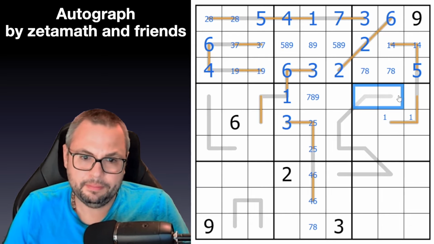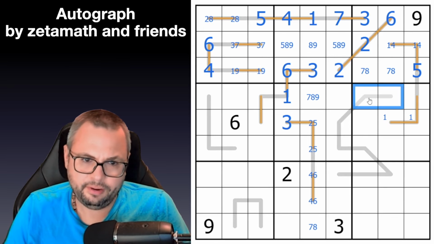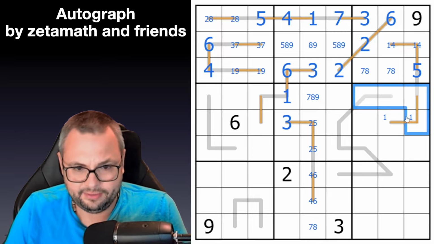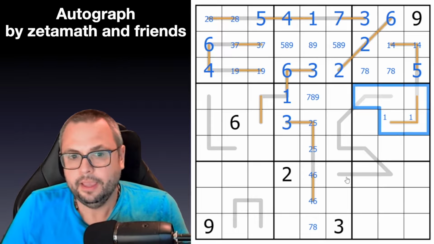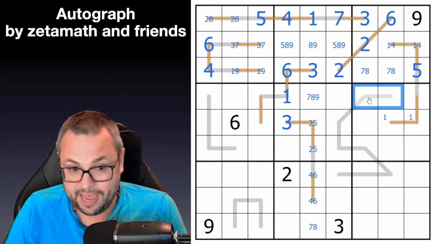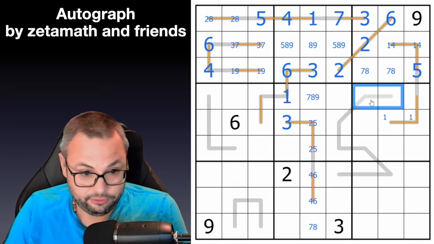Okay, what's the minimum sum? These sum to a minimum of 5. And the way I know that is that 5 cells always sum to a minimum of 5. And these, of course, sum to 10. So that means these sum to a minimum of 5. I think I could probably improve that if I needed to.